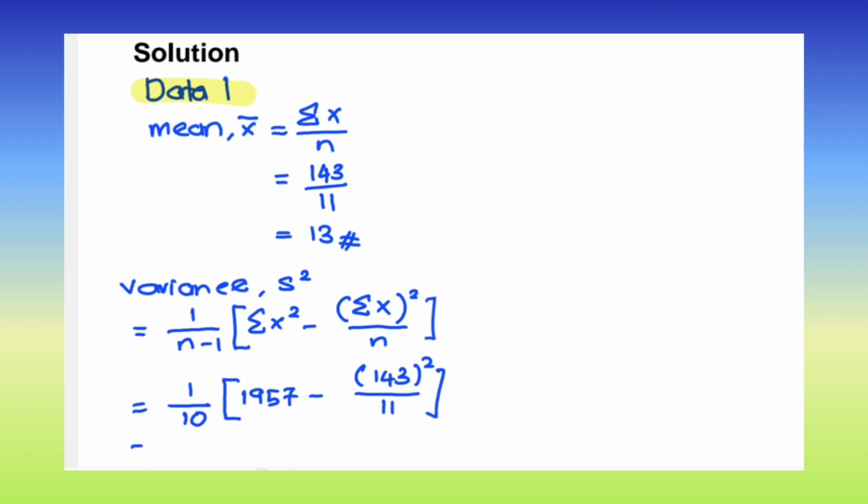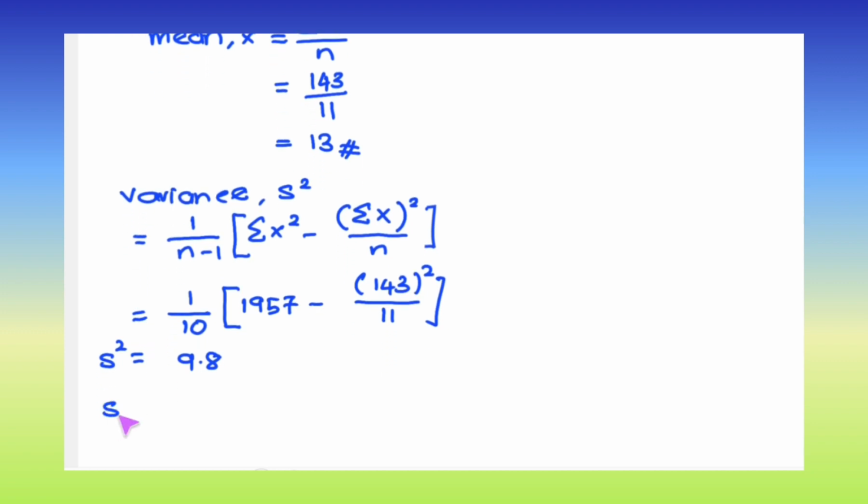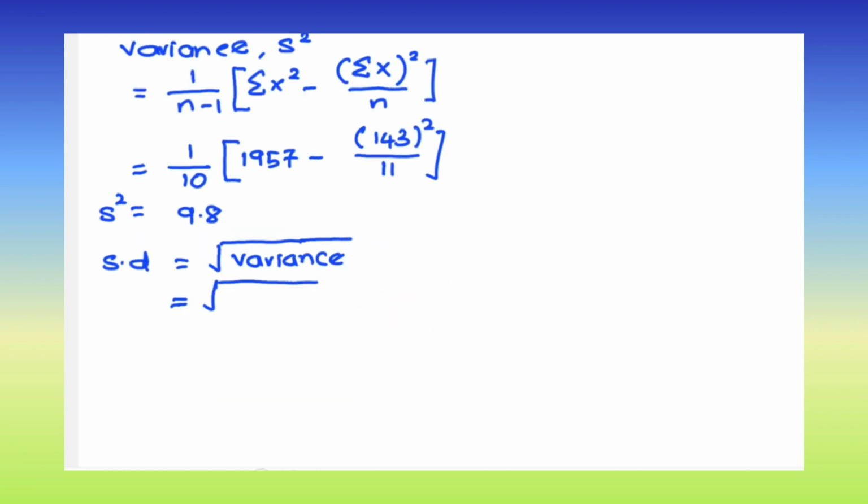Calculating, the answer is 9.8. This is variance, s square. To find standard deviation, it is equal to square root of variance. Substituting the value, square root of 9.8 gives the answer 3.13.